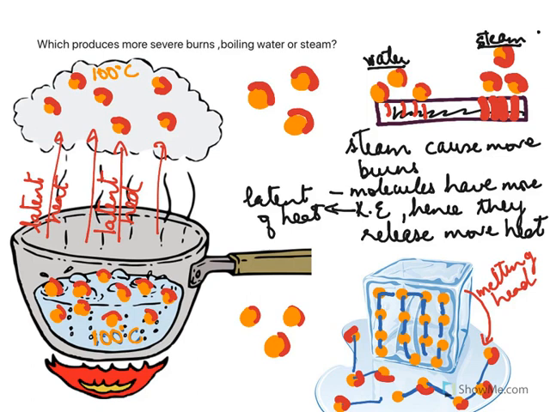Water already has so much heat that it cannot absorb as much more, because the molecules already have a lot of heat, while the molecules of ice have less heat. Since the water molecules have more heat, they will not cool the substance as much. The ice molecules have less heat, so they can absorb more heat.